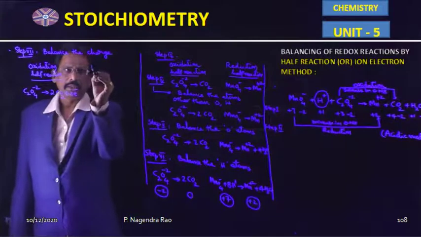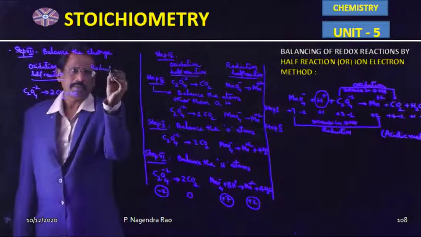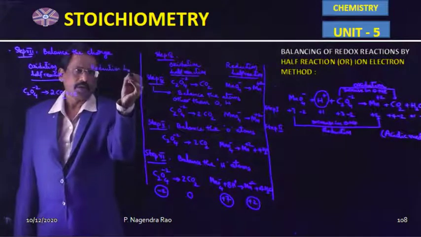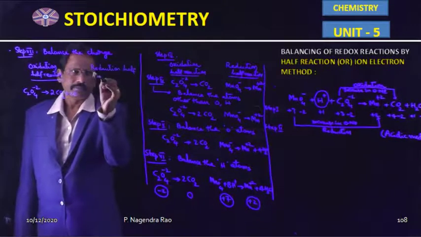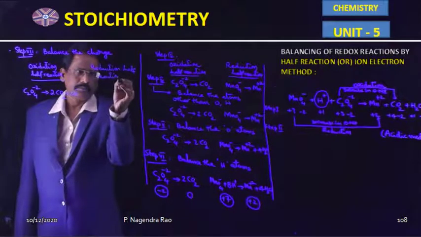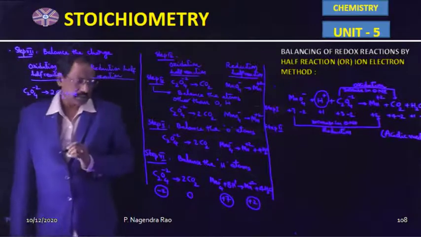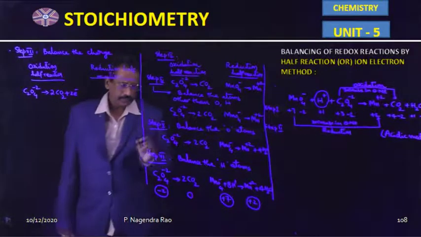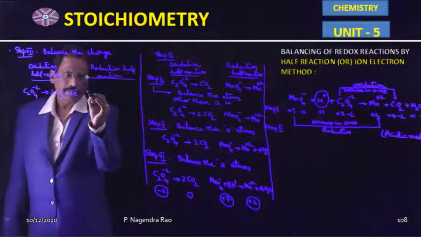Therefore, in the reduction half reaction, the required number of electrons is equal to 5.